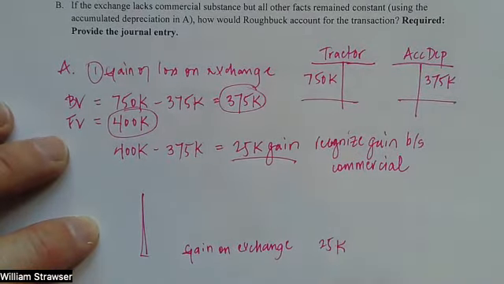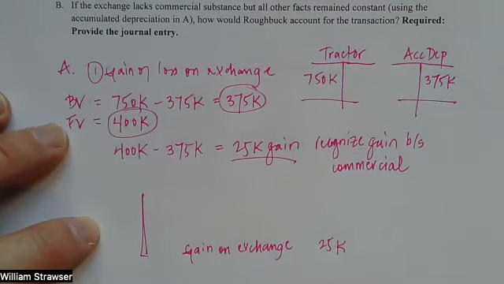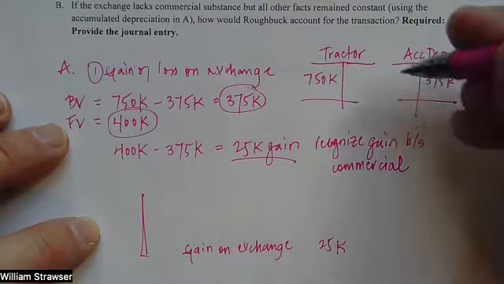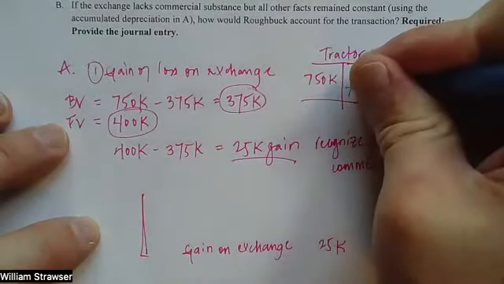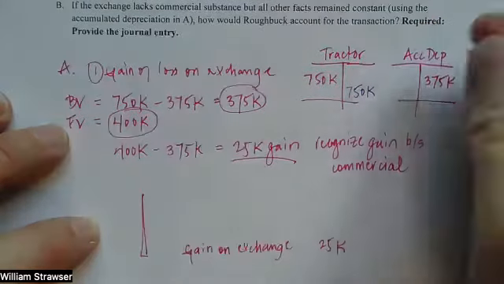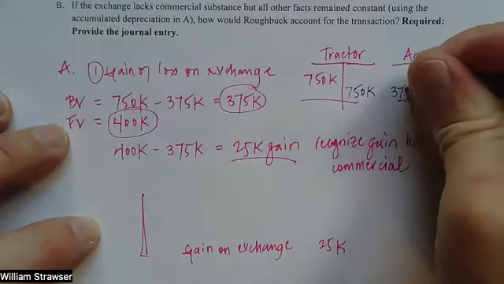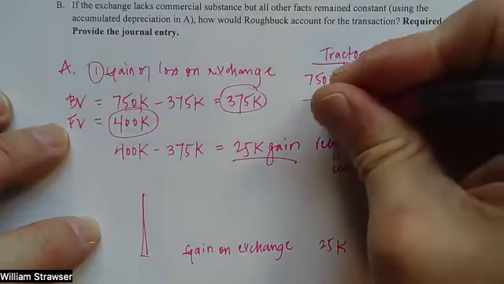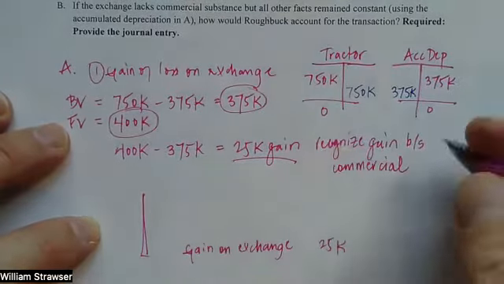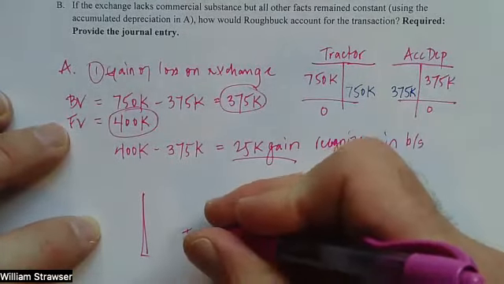And now the next thing I do is remove the old thing I'm giving up. So in this case, I'm getting rid of the tractors, right? I need to credit this by $750K. I need to debit accumulated depreciation by $375,000. And that gets me to my $0 balances. So I credit the tractor.